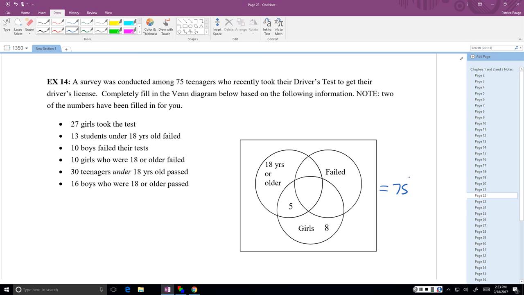We've narrowed it down to these 4. 10 girls. Who are 18 or older. So out of these 4, we narrowed it down to these 2. And they failed. So out of these 2, we narrowed it down to that one. You must read slowly.